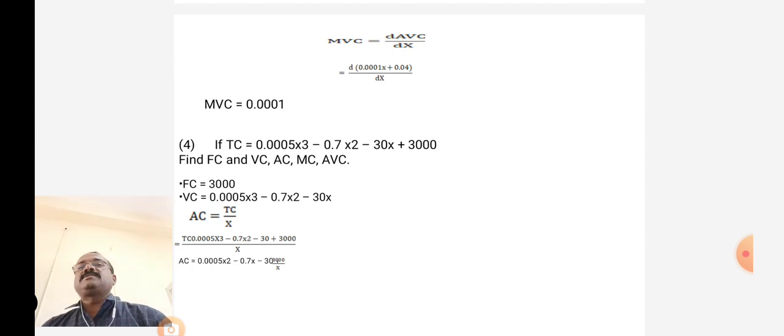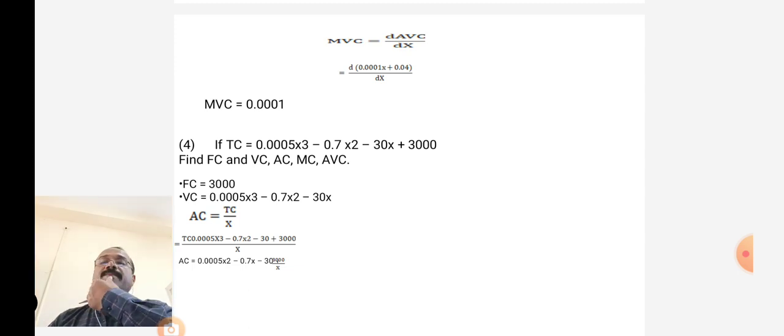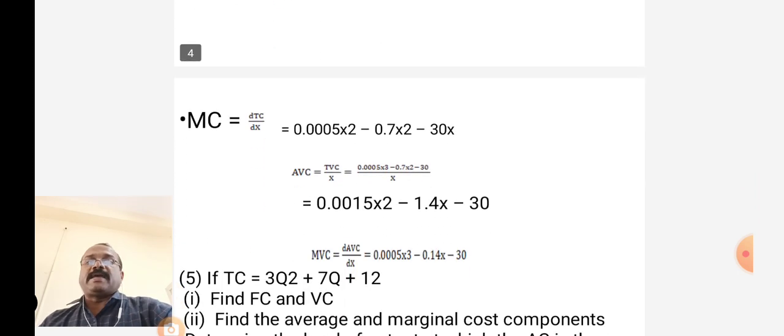So this is a way in which we are going to derive TC equals 0.0005x³ minus 0.7x² minus 30x plus 3000 divided by x, and also in which we are going to get AC, that is 0.0005x² minus 0.7x minus 30 plus 3000 divided by x. This is how we are going to get the AC, that is average cost.